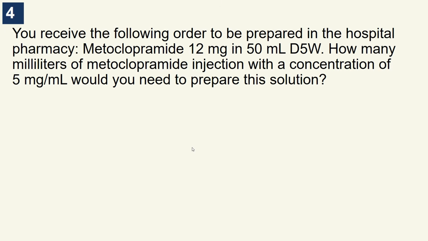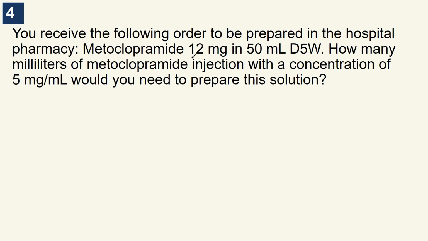You receive the following order to be prepared in the hospital pharmacy: metoclopramide 12 milligrams in 50 mL dextrose 5% in water. So you need to prepare 12 milligrams in 50 mL using dextrose 5% in water as the solution. How many milliliters of metoclopramide injection, which is present at 5 milligrams per mL, are needed?